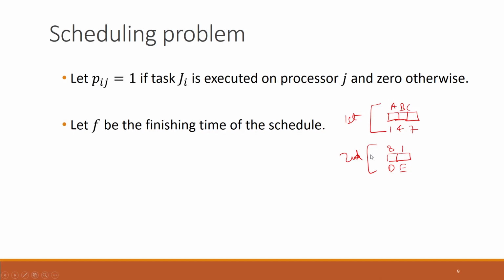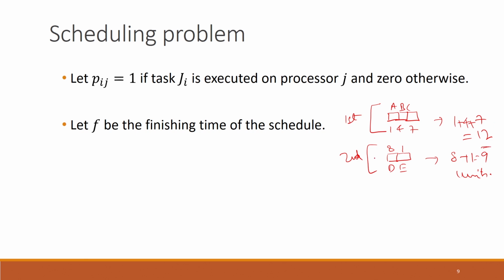For the first processor, these tasks will complete after the end of 1 plus 4 plus 7, which is equal to 12 units. And the second set of tasks, which is executed on the second processor, will take 8 plus 1 equal to 9 units. So the last time at which any task ends will be at the 12th time unit.